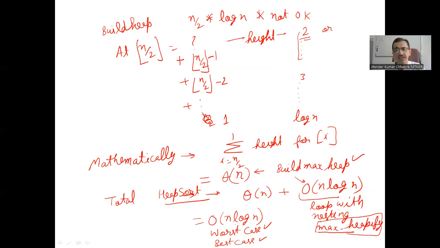So this is the way your heap sort works. Now you should try to implement it, and the implementation you must do on your own. Once you implement it, maybe in the next class, if you have any doubts, you can ask. There can be many other ways also.